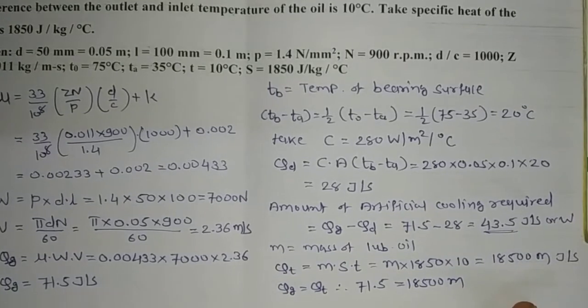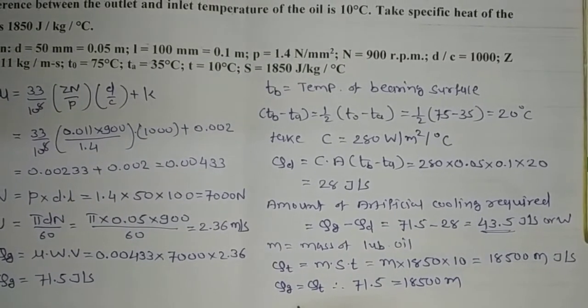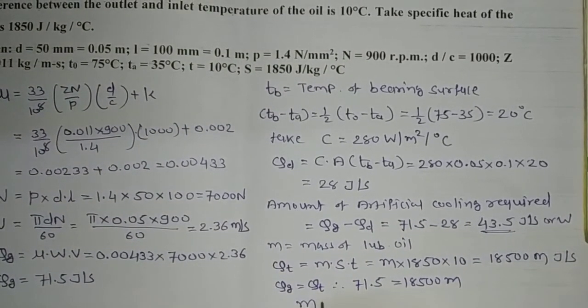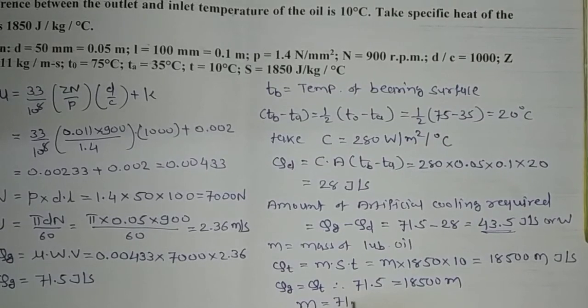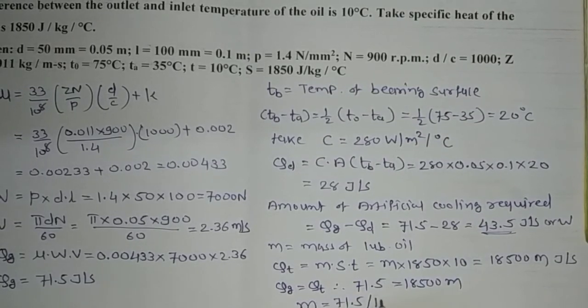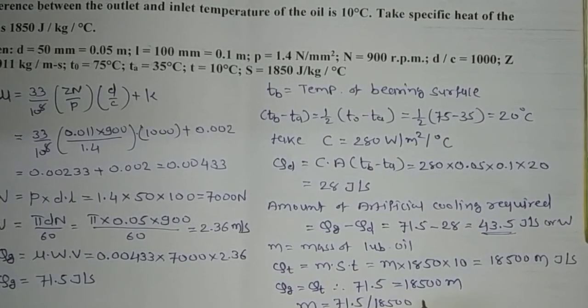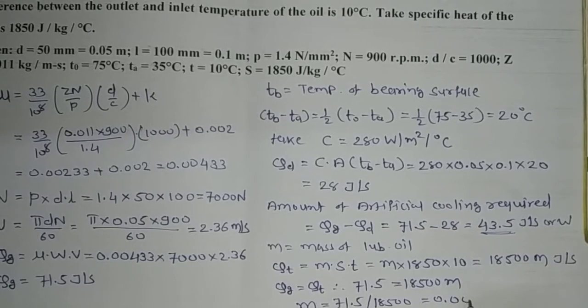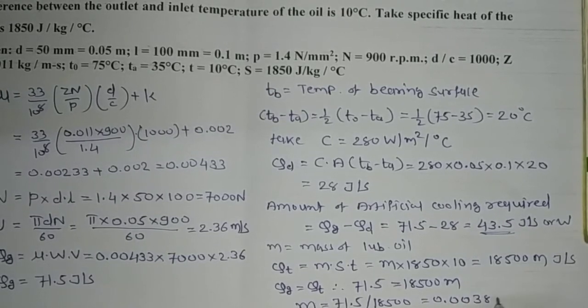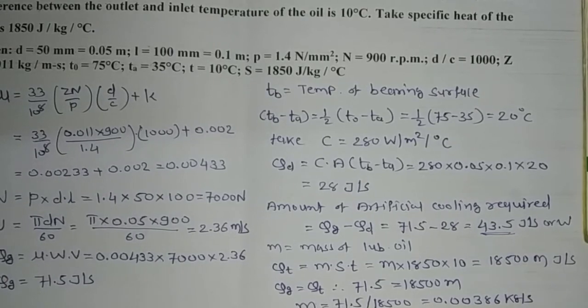So from that you can say M is equal to 71.5 divided by 18,500. So therefore our answer is 0.00386 kg per second.